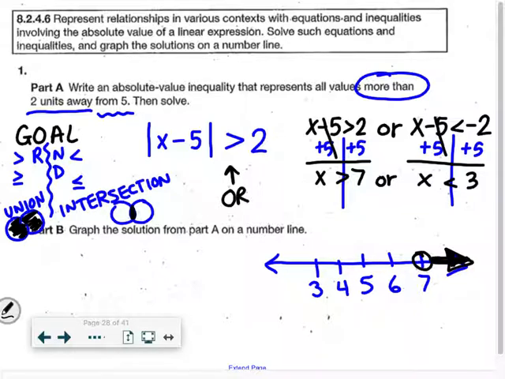The second one, x is less than 3, is open and less than goes to the left. So it should make sense when you think about it. Our distance away from 5 is greater than 2. So greater than 2 units away from 5. If I went 2 this way, greater than 2 away, or 2 this way, greater than 2 away.